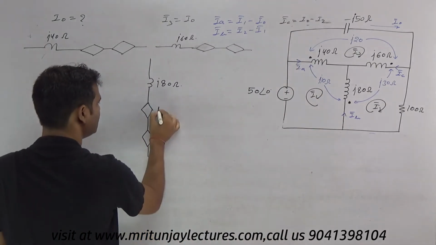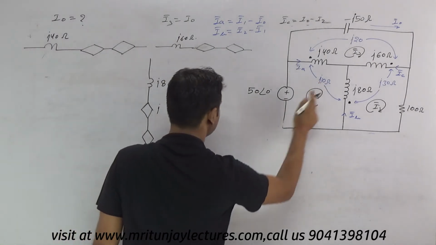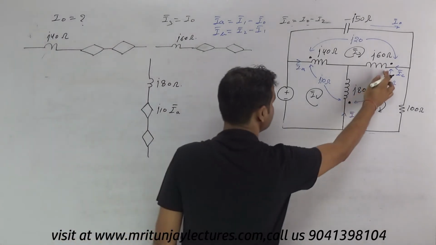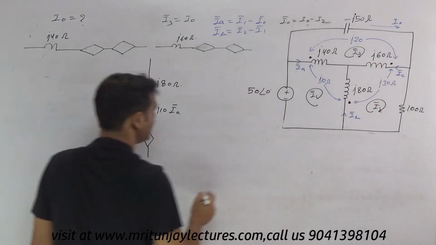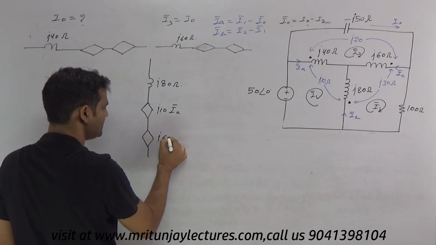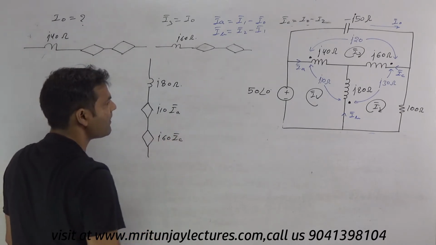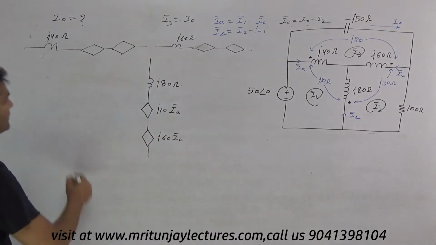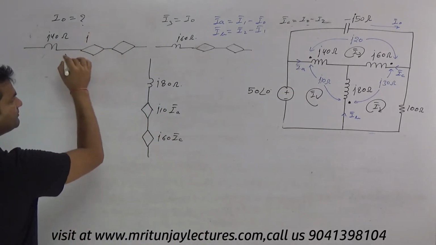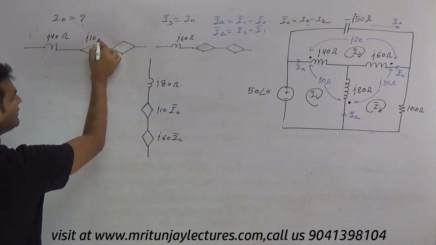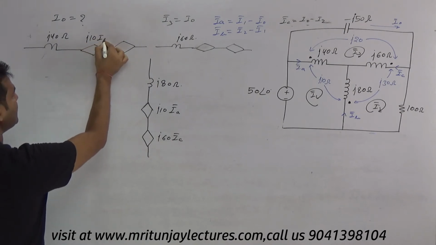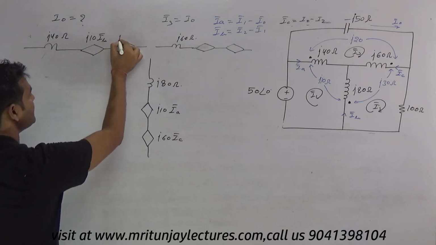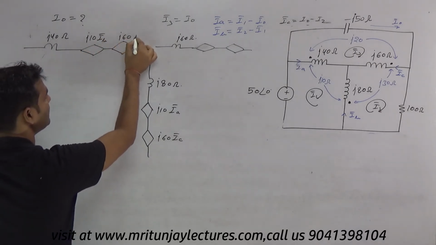So that is written as J10 into IA and J60 into IC. J60 into IC. Now J10 into IB and J60 into IC.